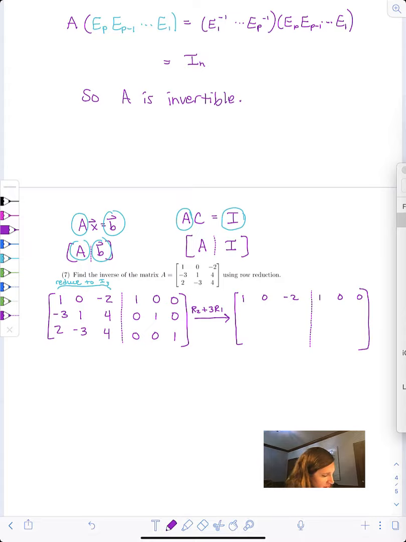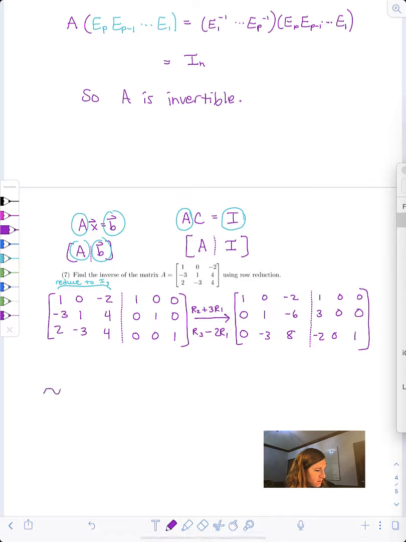Okay, so we take row 2 and we add 3 times row 1. And we get this thing. And I'm going to combine steps and do row 3 minus 2 times row 1 to go ahead and get some zeros there. So I think that's 8. And then minus 2, 0, 1.